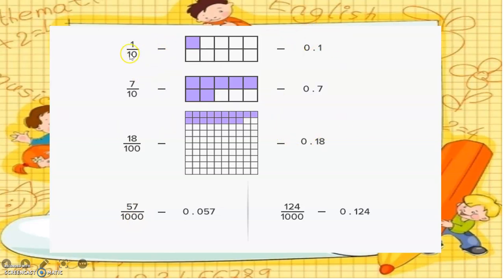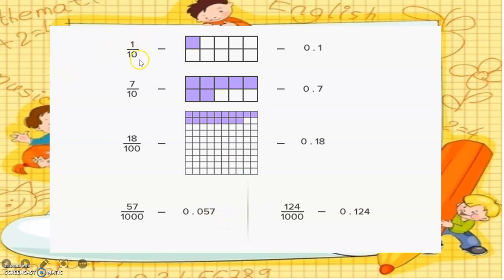So remember, as you can see, we have 10, 100, 1000. If the denominator is 10, there is only 1 decimal place from the decimal point. And 100 has 2 places, 1, 2. 1000 has 3 places, 1, 2, 3.